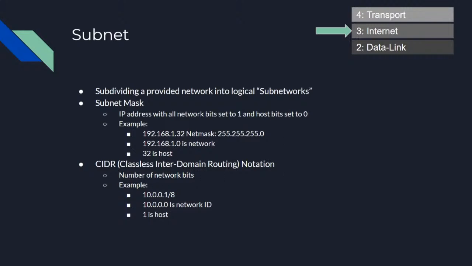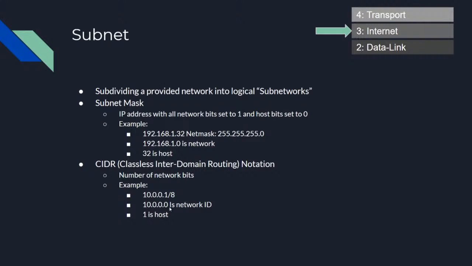So CIDR notation allows you to represent 255.255.255.0 as the number of bits that are set to on in your network ID. So for this, this is 4 bytes long and 3 bytes are 255. The CIDR notation would be 3 times 8, which is 24. So this would be /24.